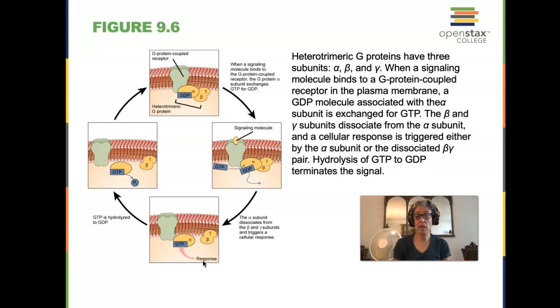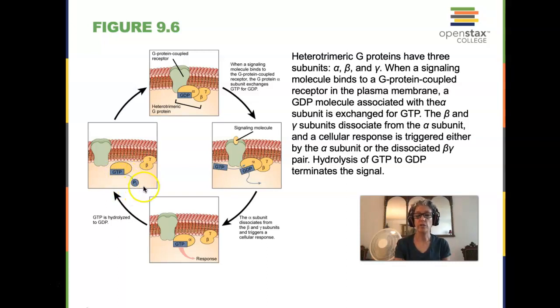And there are many examples that are put in the module for those types of responses. There are a lot of different responses that could happen. Once the response has been triggered, then we have a phosphate removed enzymatically from the guanosine triphosphate.